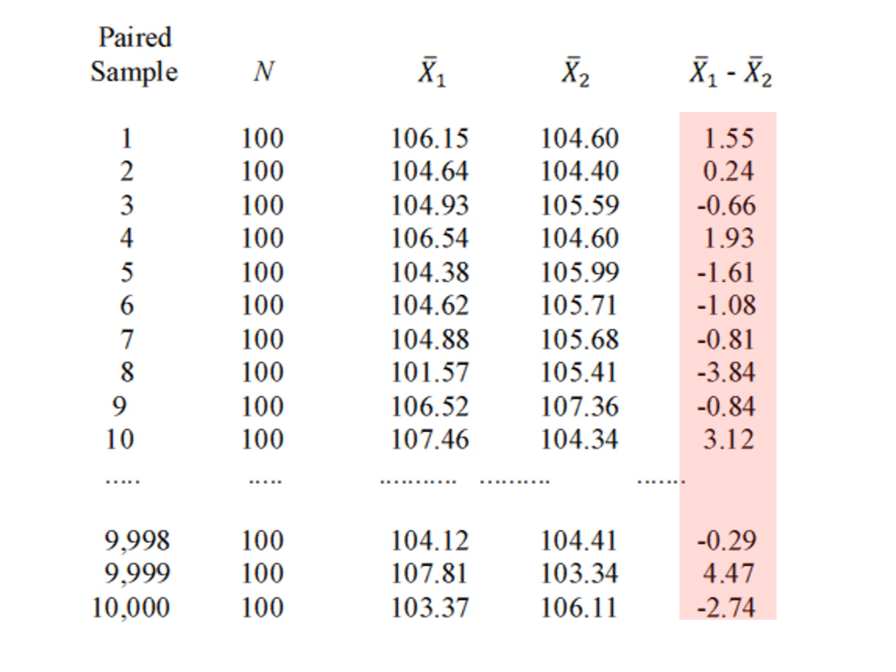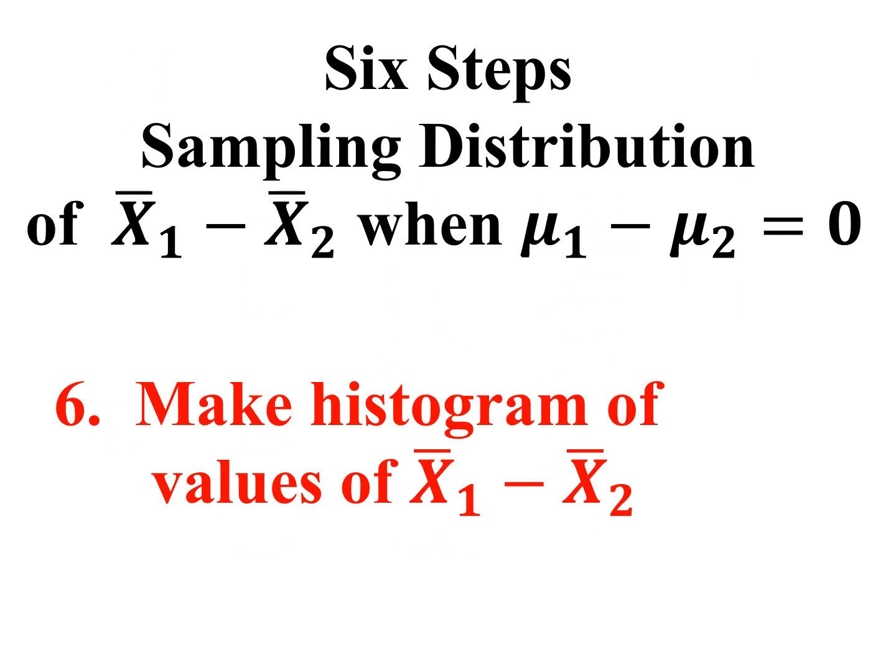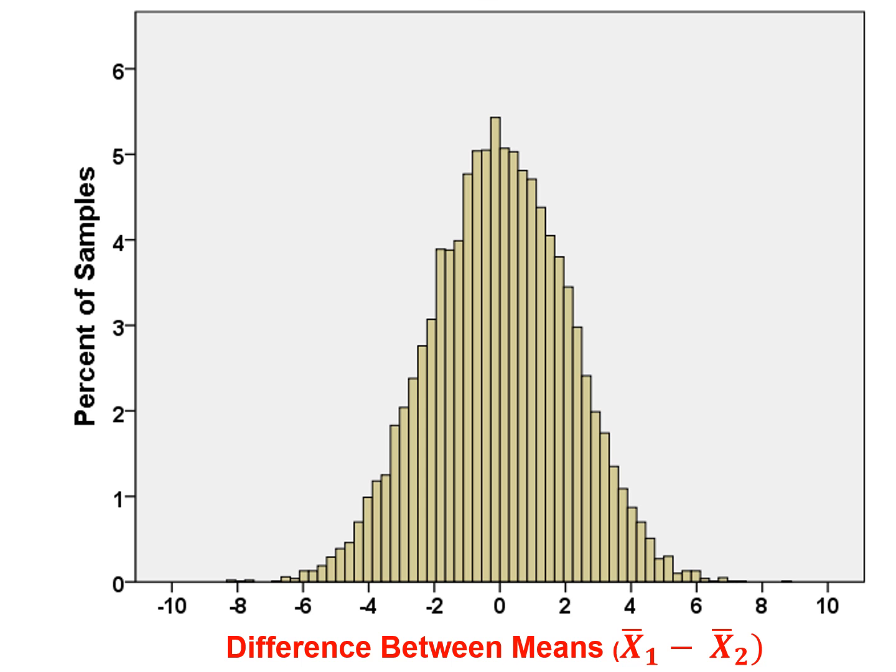So for instance, if the number of samples, k, is 10,000, you will end up with 10,000 numbers. Each number represents the difference between the two means in a particular sample. Finally, you would make a density histogram of all these values. And this density histogram shows your sampling distribution. Like all density distributions, its area is equal to 1.